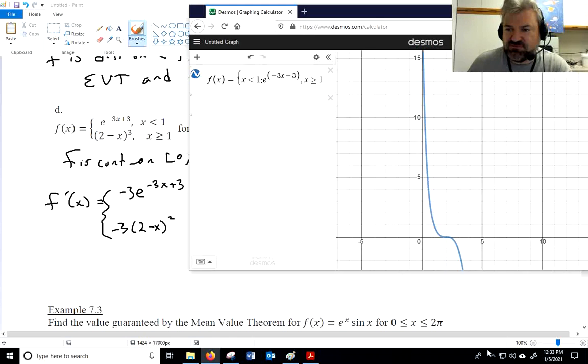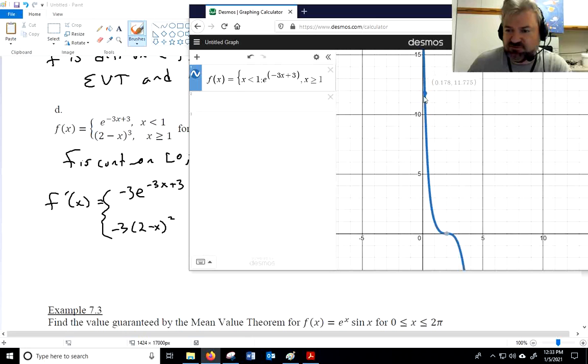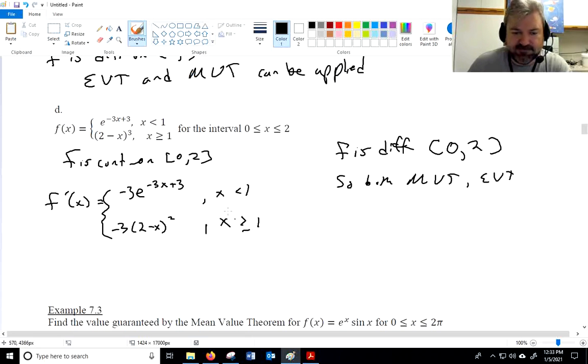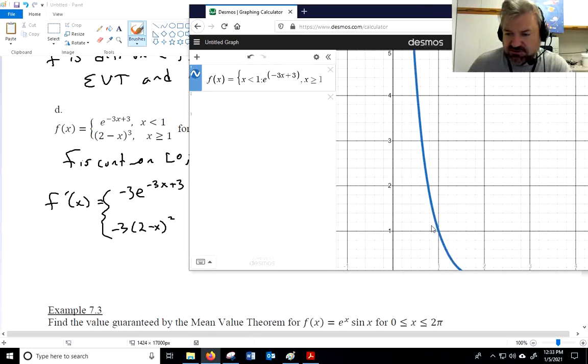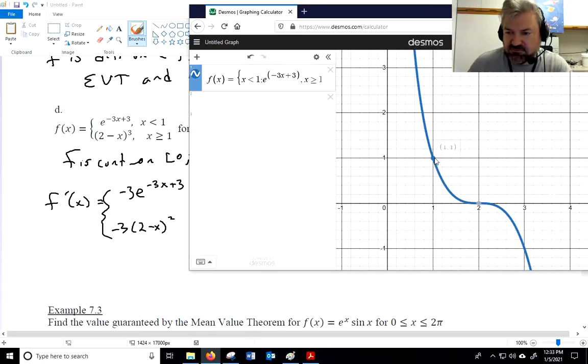And we also should be able to find a place where the slope of the tangent line is equal to the slope of the secant line as well. But what I wanted you to see is that smooth transition, that local linearity at x equals 1, even though it switches between the two functions, it's absolutely smooth.